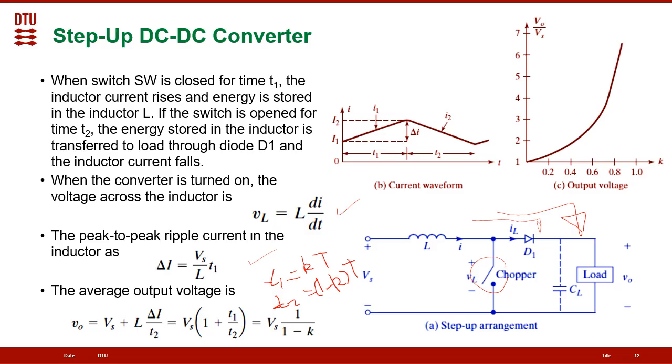If K is equal to, say, 0.9, then this becomes 1 over 0.1, or it's equal to 10. It means that the output voltage will be 10 times higher than the input voltage.